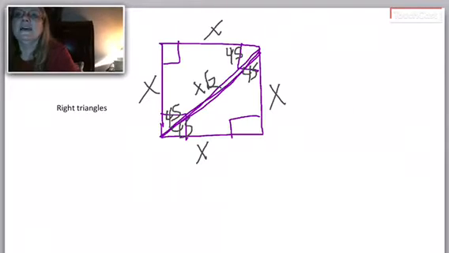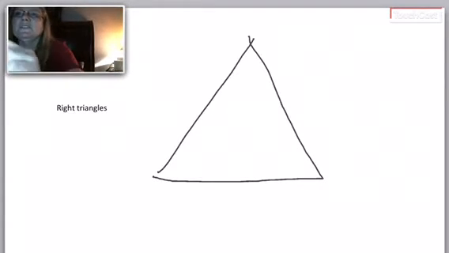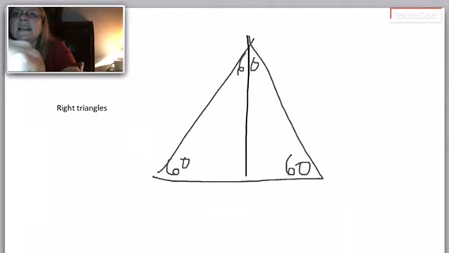That's how you would see that in a square, and the 30, 60, 90 is found inside of an equilateral triangle. If this is an equilateral triangle, all my angle measurements are 60. If you draw the height in this triangle, the height bisects that angle at the top and makes two 30-degree angles, and it creates a 90-degree angle here.